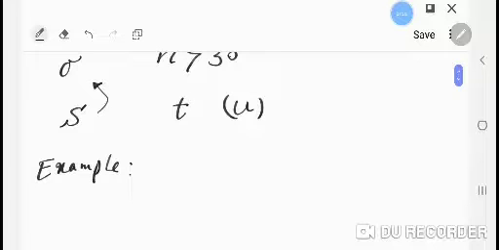Example for the t-test: to test the difference between the means of two samples from a single population.